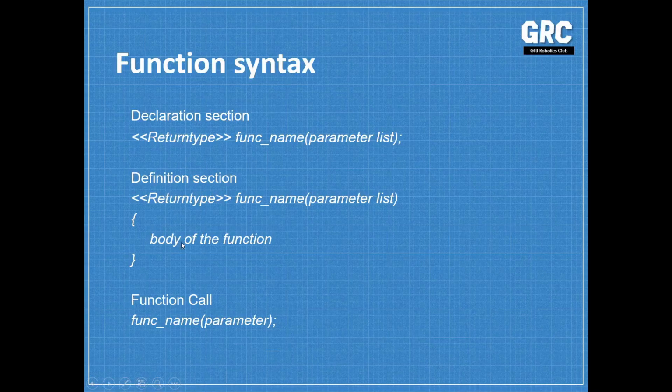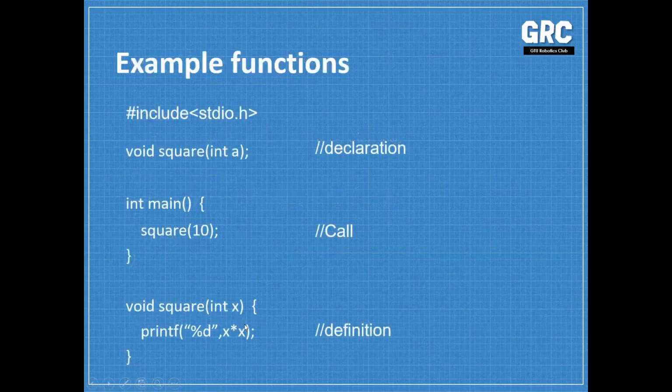We write the operations that a function should perform, and whenever we require that function, we call the function by its name and pass the parameters to it. So we saw the structure.